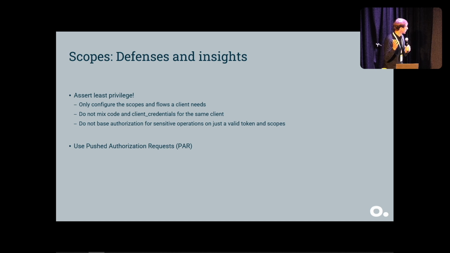So we should of course only configure the scopes and flows that the client actually needs, and try not to mix those roles. And if you have a high privileged endpoint, then it could be quite risky to just base authorization on the fact that the token is valid and that it has the correct scope. You could use something more like perhaps the client ID or authentication method and so on.